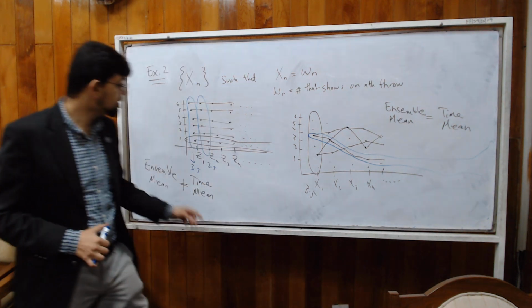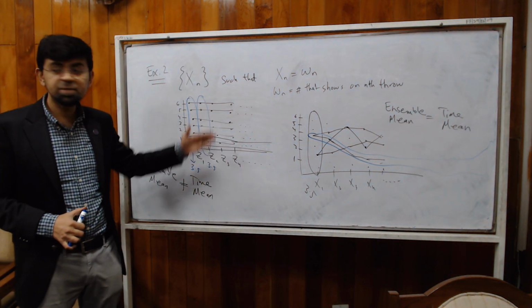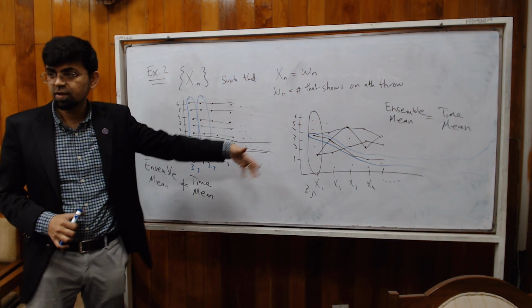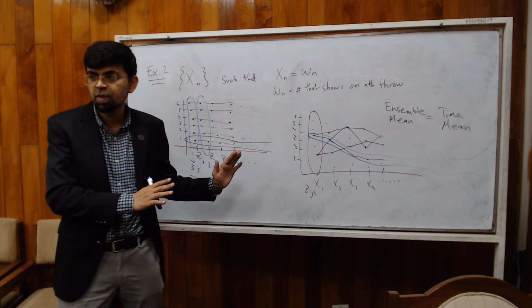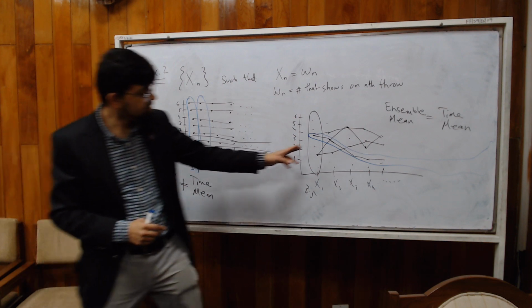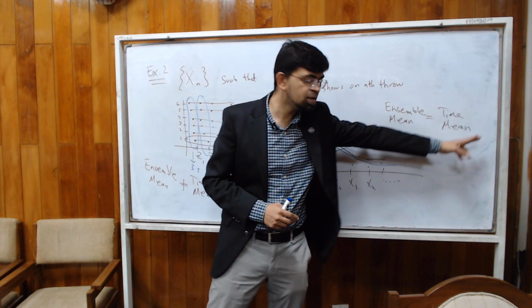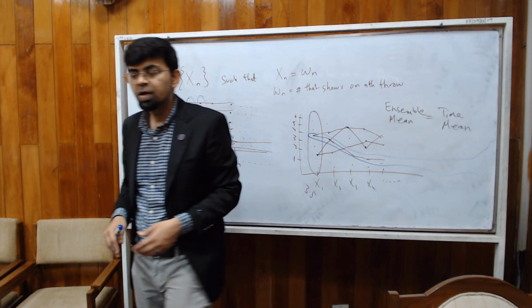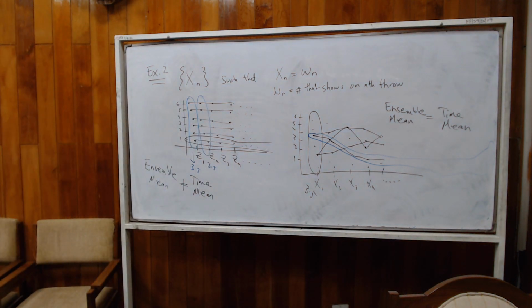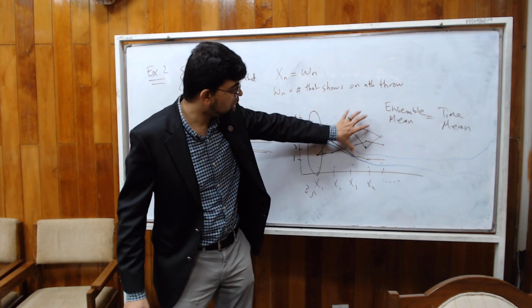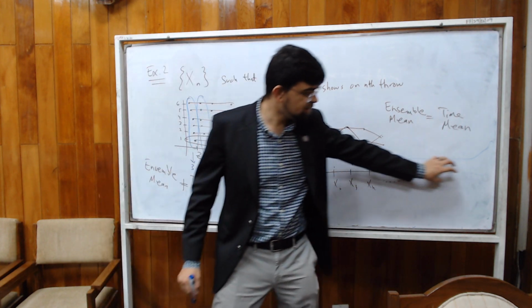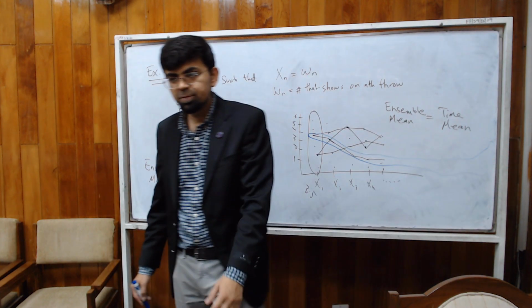Here one realization did not represent the whole set of possibilities, it was just sticking to one of them, not one for all. This one seems to be covering everything if it goes on, it will come back to all of these again and again, and represent the whole statistics. Another way to say it is all for one: the statistics of all of these is encompassed in one of them.